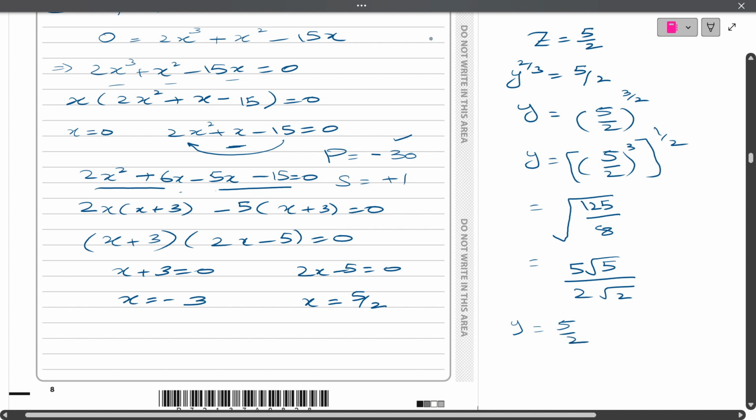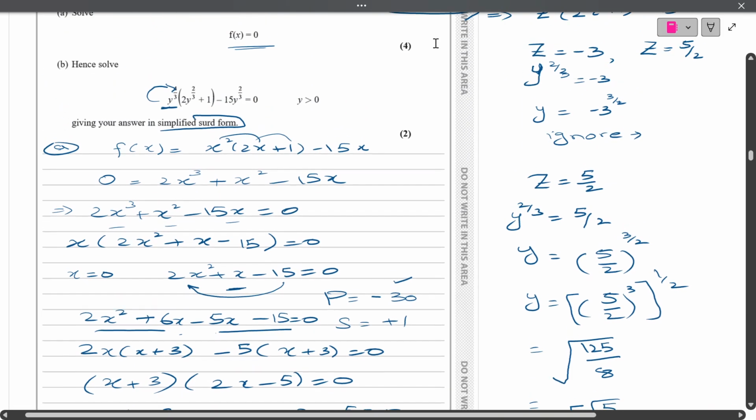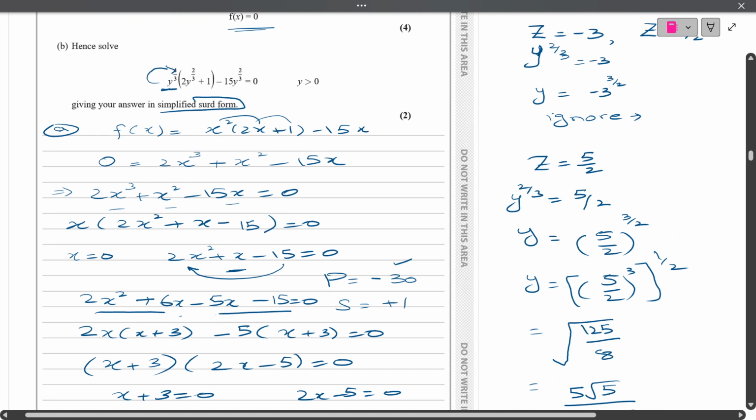Let's write 5/2 as it is, and √5/√2 times √2/√2. So this will be 5/2, and 5 times 2 is 10, and 2 times 2 is 4, and the square root of 4 is 2. So the final answer for this question is 5√10/4. Yeah, this is written in simplified surd form.